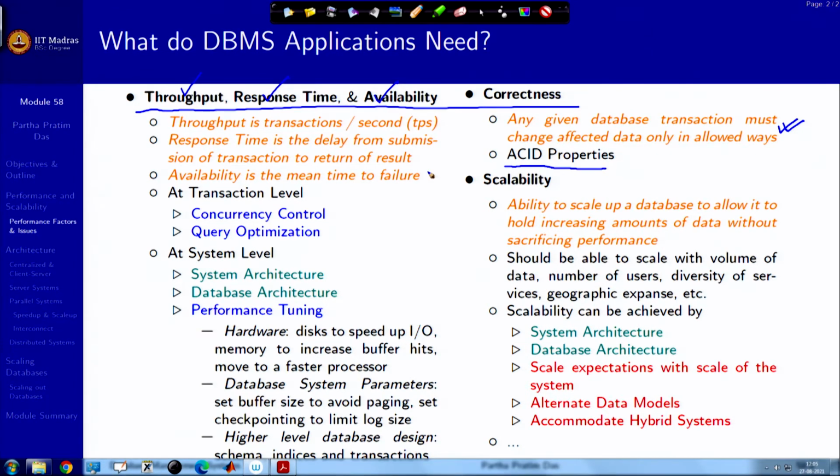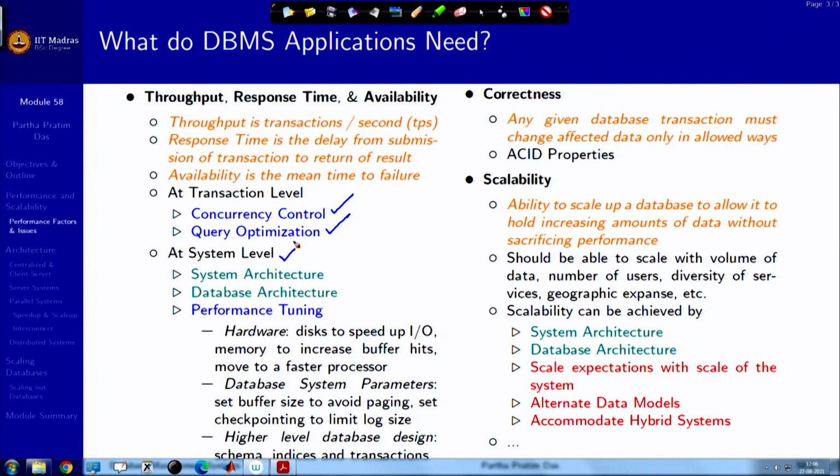And then the availability is decided by the mean time to failure, which we also expect to be high, and we have talked about several options for ensuring all these. At a transaction level, these are primarily guaranteed by concurrency control, query optimization, and a few other things like use of RAID and so on.